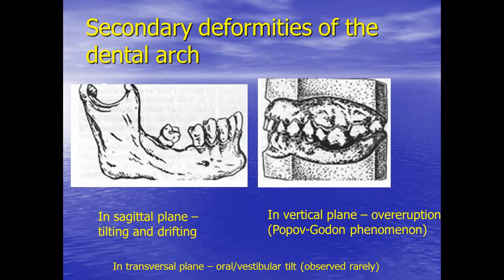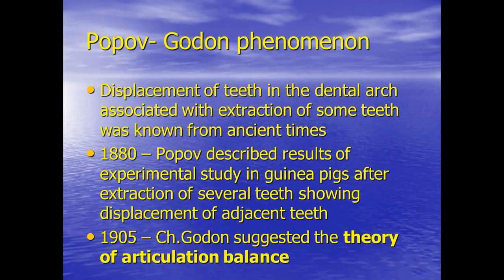So in this plane we distinguish oral or vestibular tilt of the teeth. However, as this bone is much stronger than the bone in other planes, the displacements in the transversal plane are seen rarely. And we can have a combination of deformities, like the rotational change of position of the tooth.